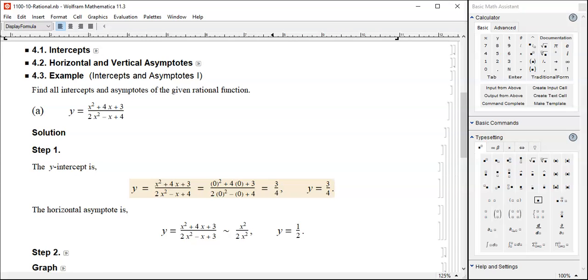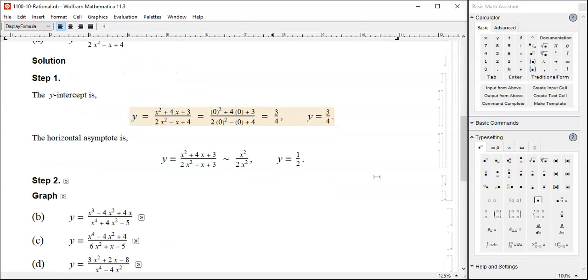That's straightforward. That's the y-intercept. Horizontal asymptote, take the leading terms only, x squared over 2x squared, simplifies into 1/2, so we get y equals 1/2. That's a horizontal asymptote. First, last. First terms, last terms.